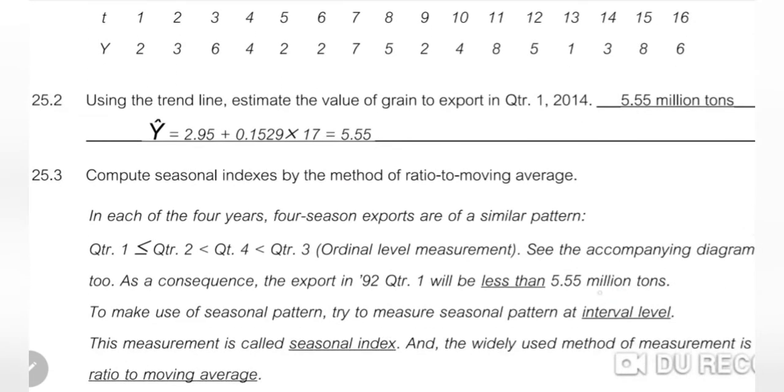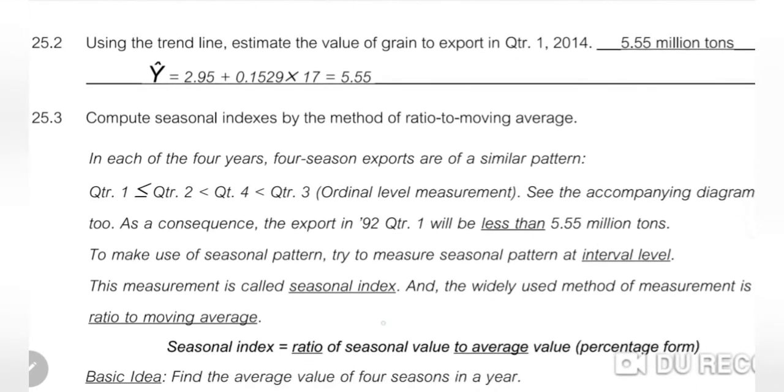I discussed this in 25.3. But this trend estimate is useful. Trend estimate gives 5.55 million tons, but according to the seasonal pattern, the actual value will be less than 5.55. But how much less?